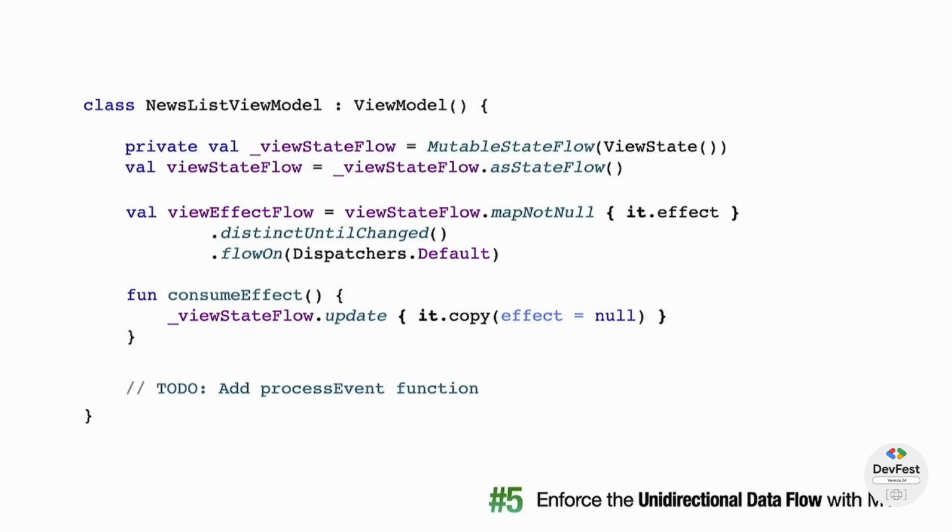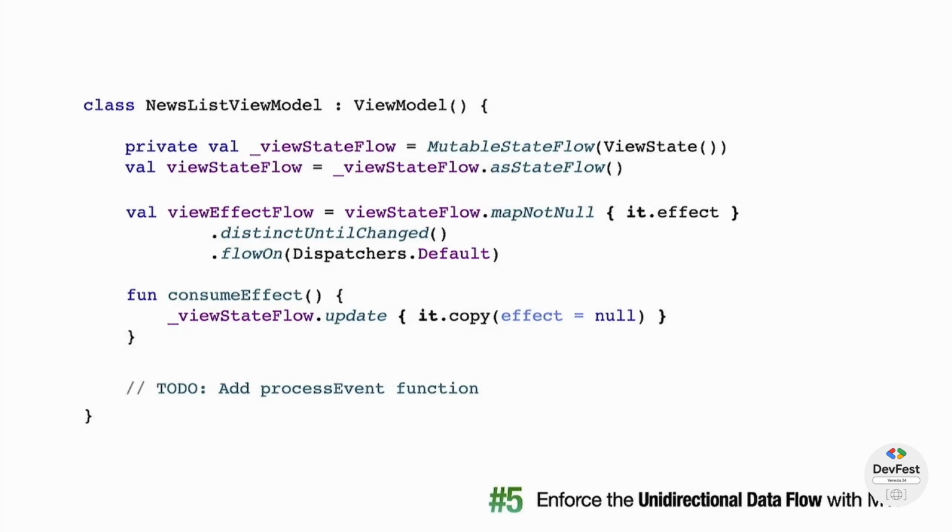So I'm mapping that, taking only the effects that are not null. And then I apply distinctUntilChanged, and all the upstream operations, distinctUntilChanged and mapNotNull, will happen in the default dispatcher. This is not a best practice. This is for simplicity. The dispatcher should be injected, but just for simplicity, let's do it like that. And then the consume effect is to reset the effect to null.